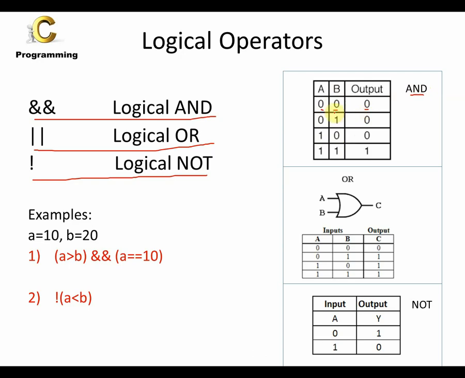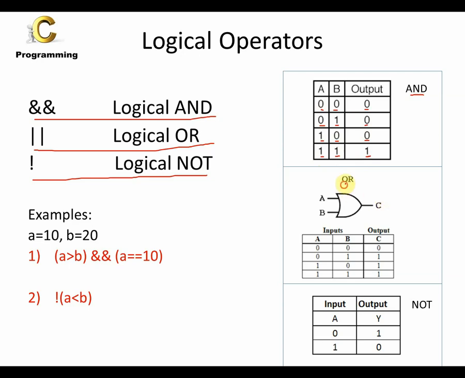So we read it this way: 0 and 0 is 0. Suppose the input is 0 and 1, you get an output of 0. So we read it as 0 and 1 is 0. The next case is 1 and 0, output is 0. And the last case is 1 and 1 gives you an output of 1. So these are the four cases of the logical AND operation.